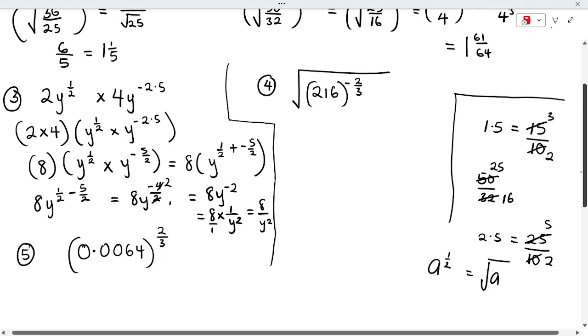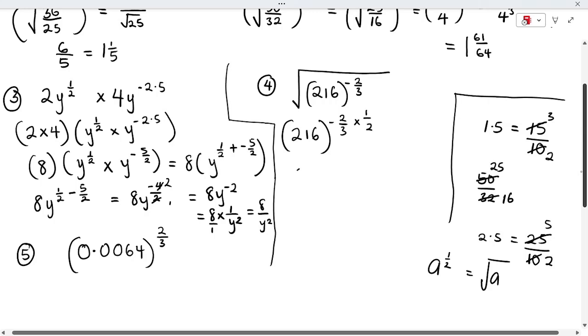So I can simply say this thing is the same thing as 216 raised to power minus 2 over 3 times this square root. I want to make it become an index. I want to reverse it to become an index. And if I reverse square root to become an index, it becomes 1 over 2. So I make it become 1 over 2.